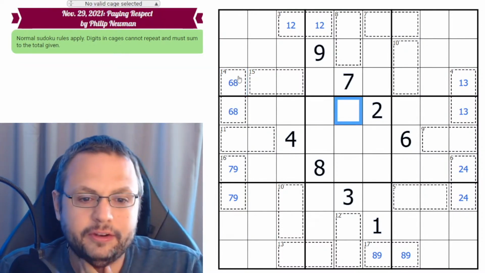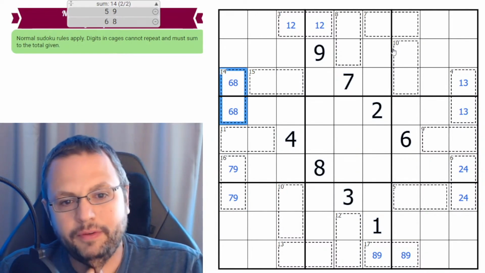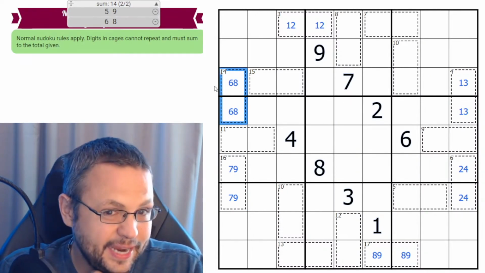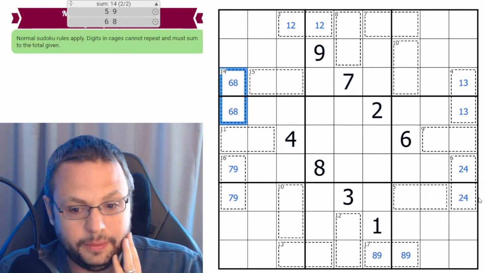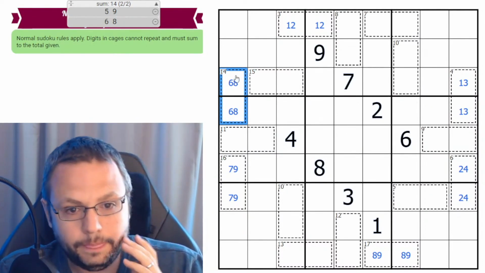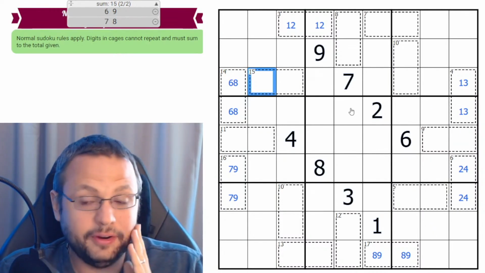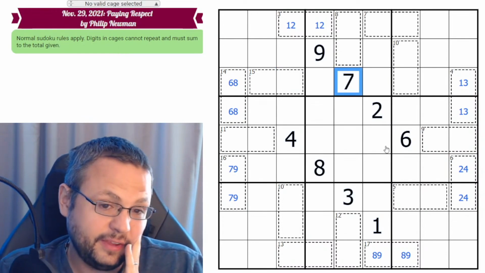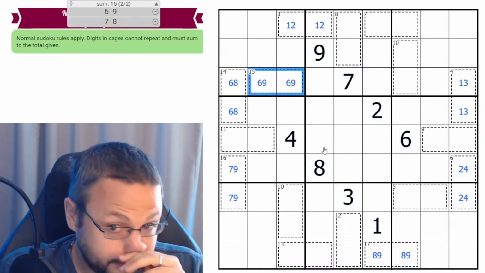And so note that just by starting at the maximum and working our way down, we're carefully identifying which of these things we should focus our attention on. Okay. What about the 15 cage? Well, that's either going to be 6, 9, or 7, 8, but there's a 7 in the row. So this is in fact 6, 9.